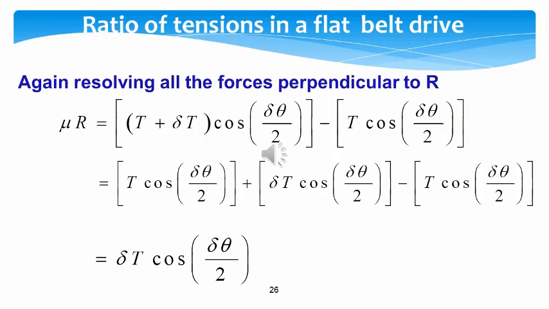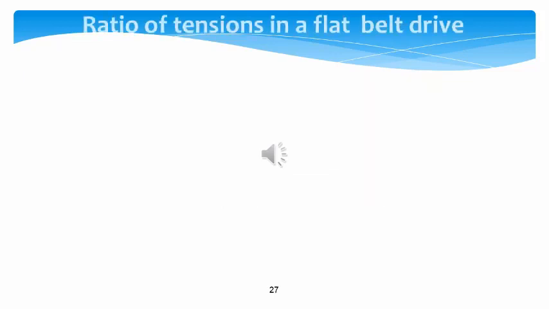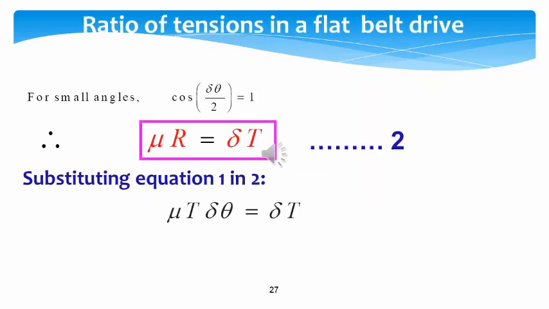Removing the common terms, we get del T into cos del theta by 2. For very small angles, cos del theta by 2 can be considered equal to 1, since cos 0 can be considered equal to 1. So if del theta is a small value, then we can consider cosine del theta by 2 is equal to 1. Hence mu R will be equal to del T.